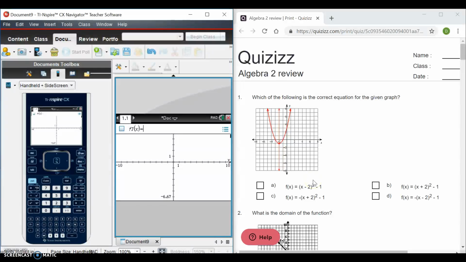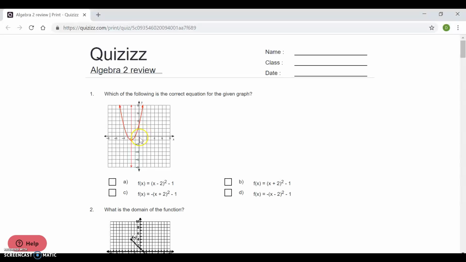So if I'm looking here, I'm moving in the x direction here, okay? So it moves 2 to the left. So if it moves 2 to the left, that means it is opposite of -2. So it would be +2. So 1, 2, that's +2, okay?